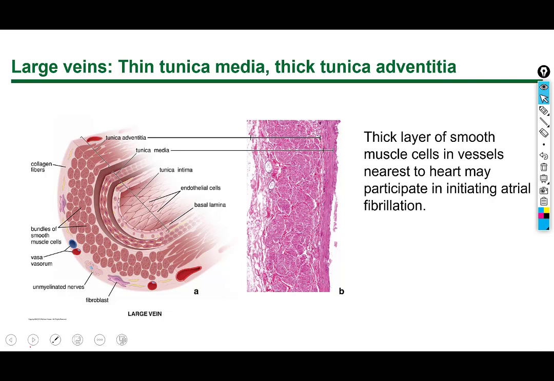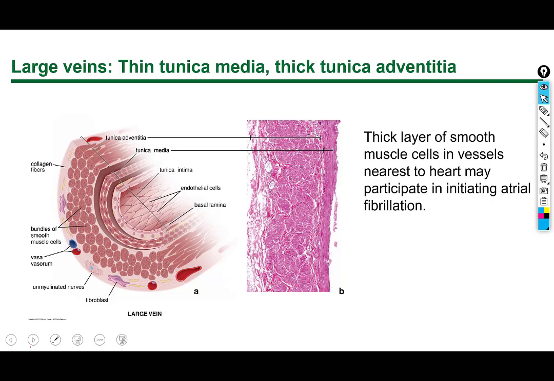Okay, so in the large veins, like your superior and inferior vena cava, there is a thicker layer of smooth muscle. Again, still a low pressure system, but smooth muscle nonetheless. And this allows you to change the diameter of those vessels.